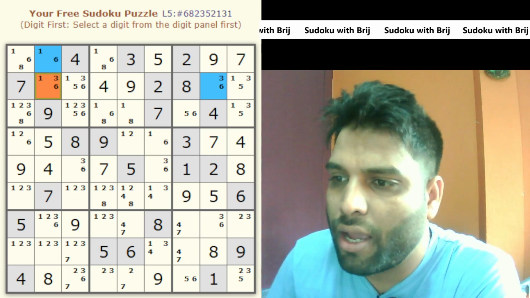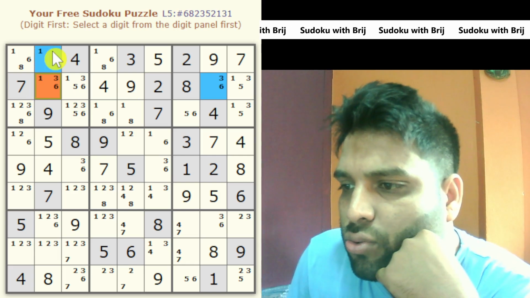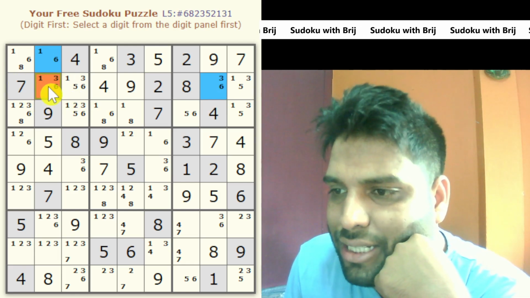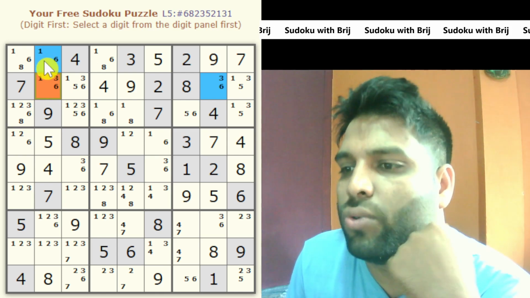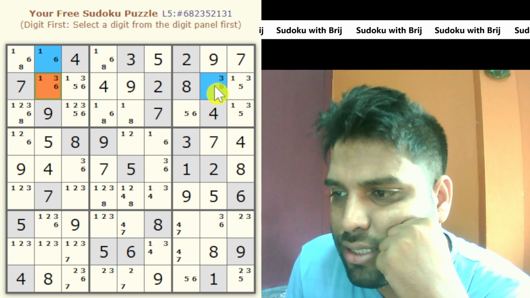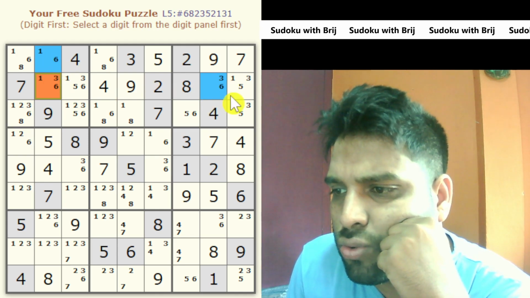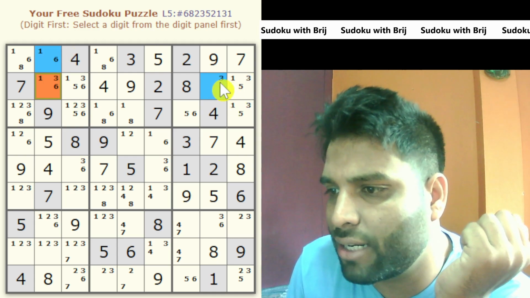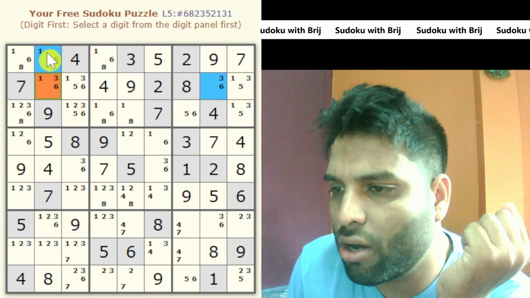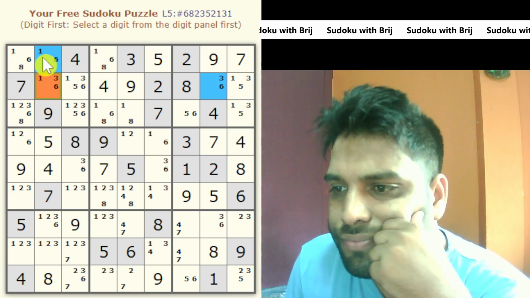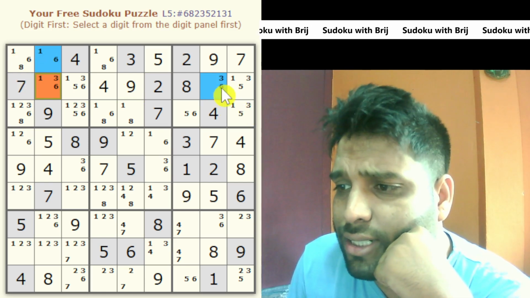And the other two cells that can be seen by this hinge contain 2 digits. For example, here is 16 and here is 36. Of course, these two cells should be different, they cannot be the same. Like 16 and 16 cannot be in both cells, or 36 and 36 cannot be in both cells. Okay, so they can be 16 and 36.